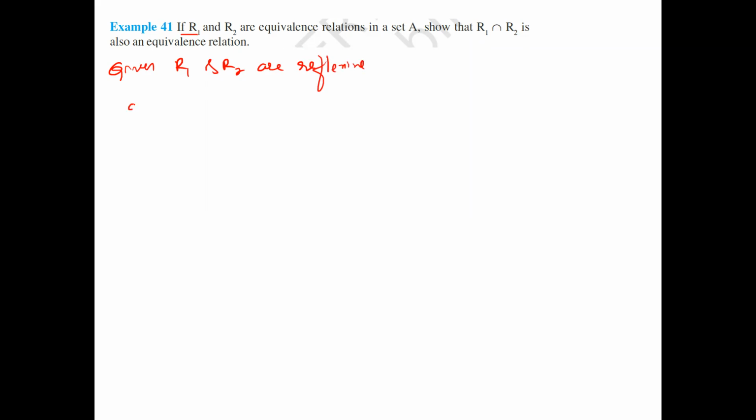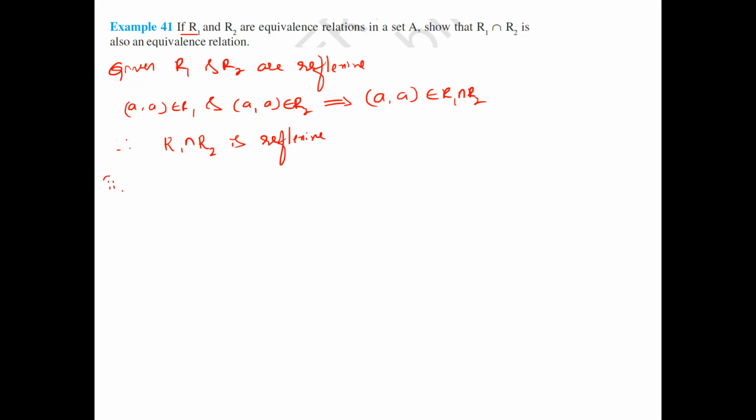R1 is reflexive means A comma A belongs to R1, and A comma A also belongs to R2. Now since A comma A belongs to both R1 and R2, this can be written as A comma A belongs to R1 intersection R2. Therefore R1 intersection R2 is reflexive.